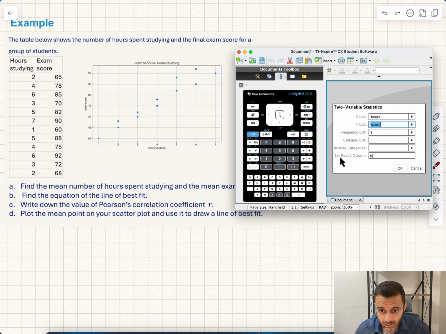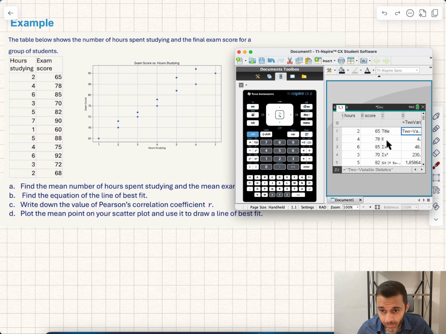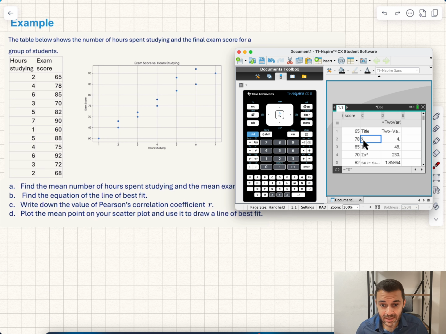Then here, as you see, the results will be in column, we'll make it column C, because we already input some numbers in column B. So here, as you see, the numbers, this X bar represents the mean values of X, which is exactly 4.